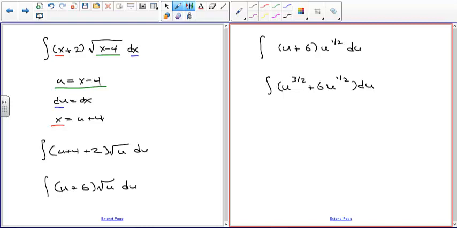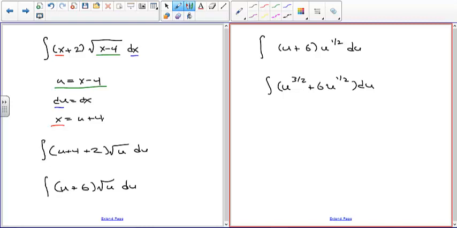Now you just integrate normally. You add 1 to the exponent and divide by the new exponent in both cases. Instead of dividing by the fraction, you multiply by the reciprocal. Finally, you plug u back in.